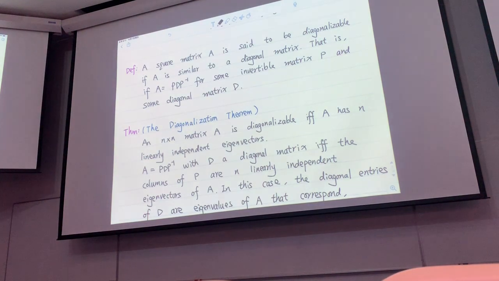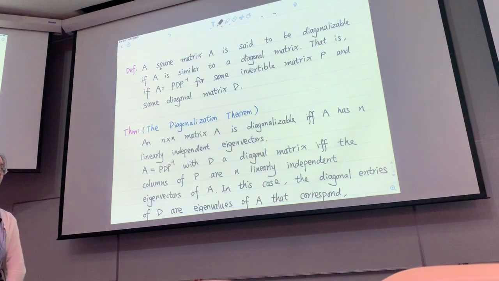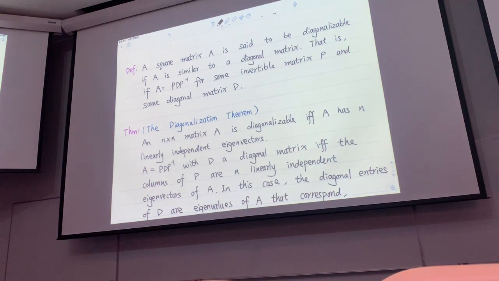Then we will discuss the diagonalization theorem. This theorem tells us how to find this invertible matrix P and diagonal matrix D. Actually, it's very simple.